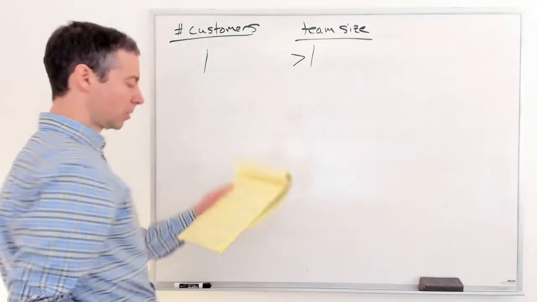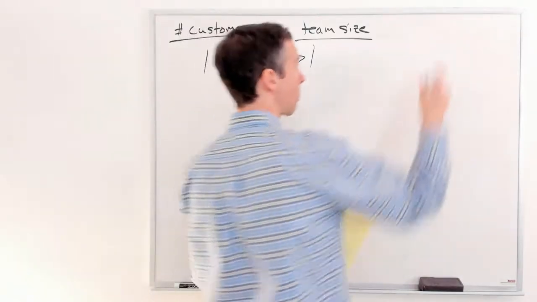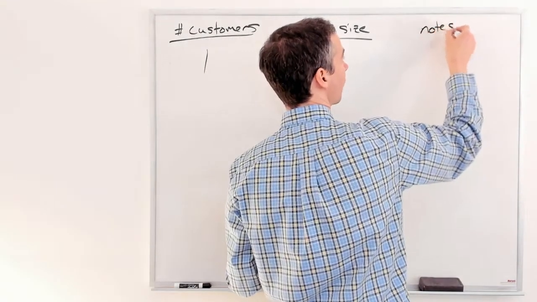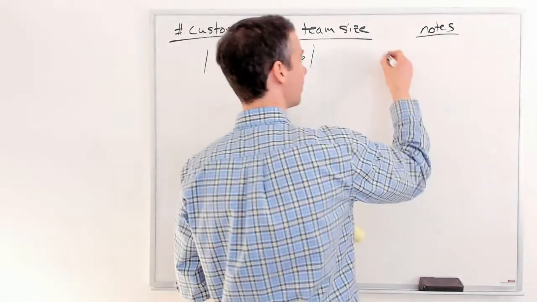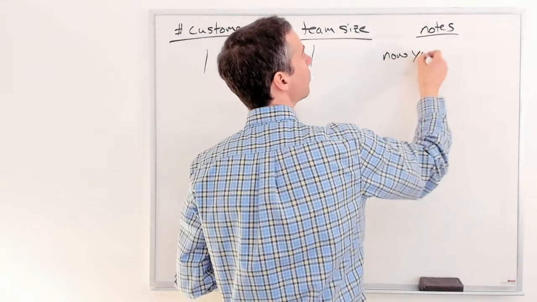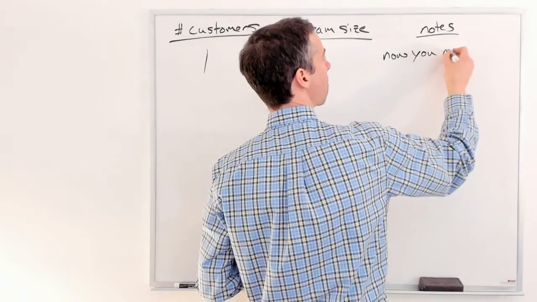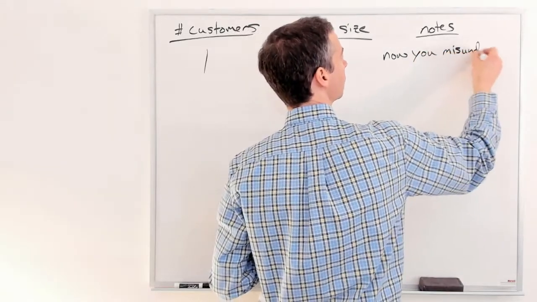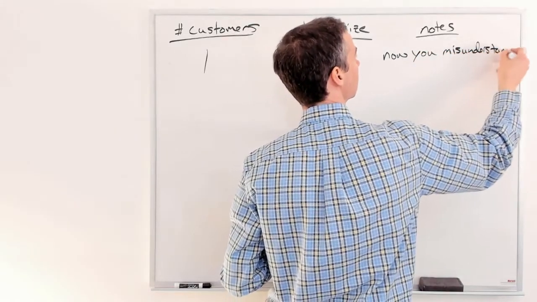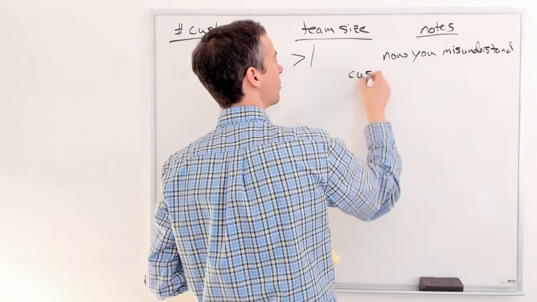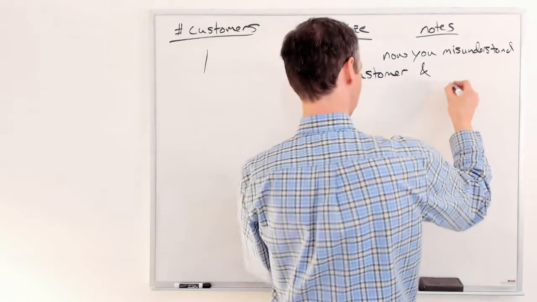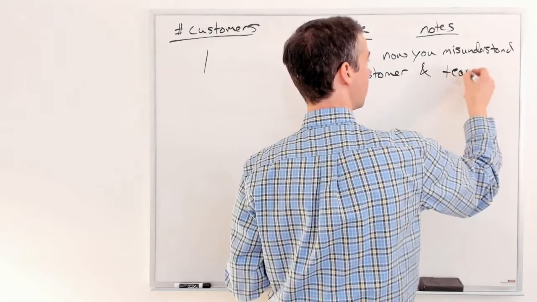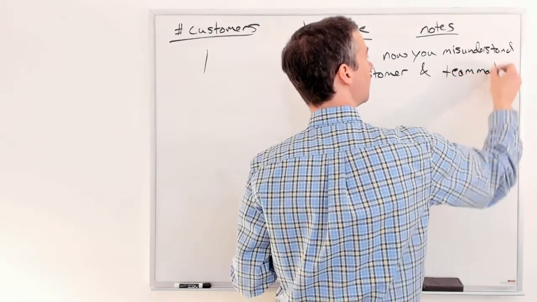You're going to have more than one person on your team. What's this going to lead to? Well, now you misunderstand both the customer and your teammates, or your team members. I like teammates.